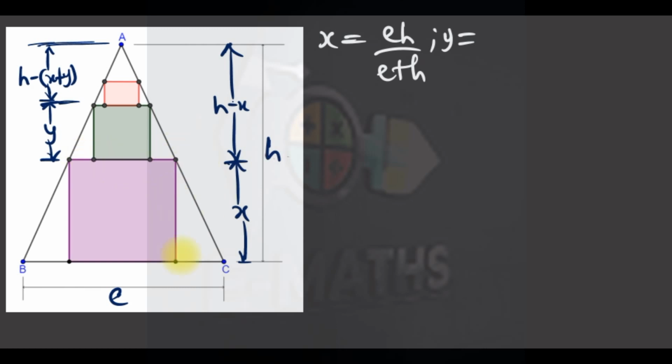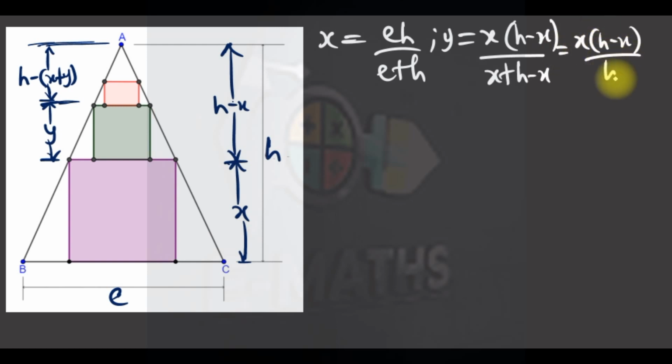From here to here is x, so the base is now x, while the height is h minus x. So y is x times h minus x over h.